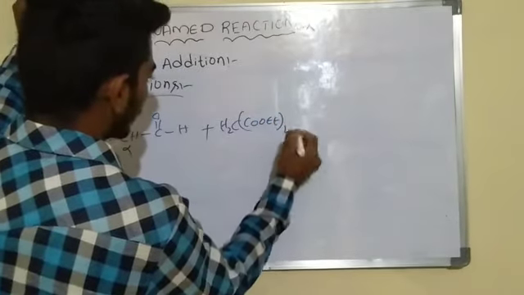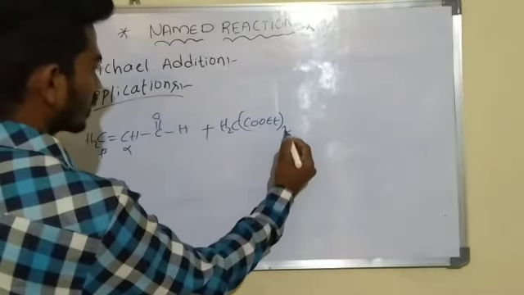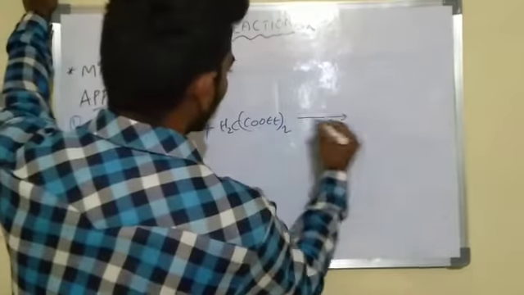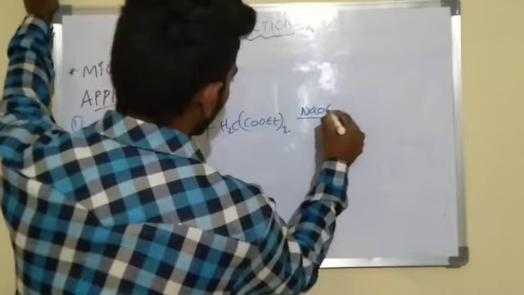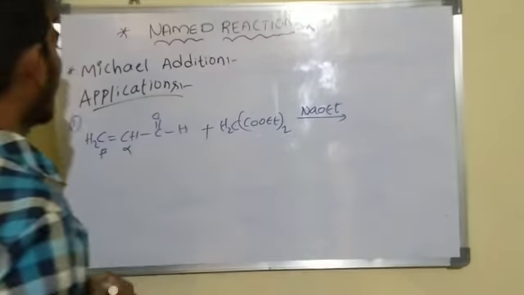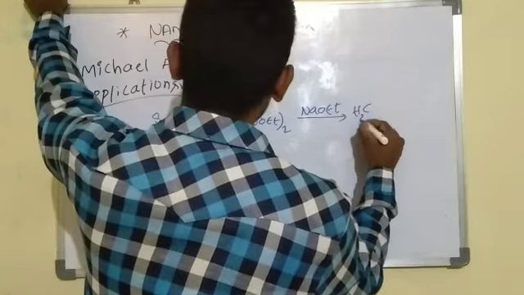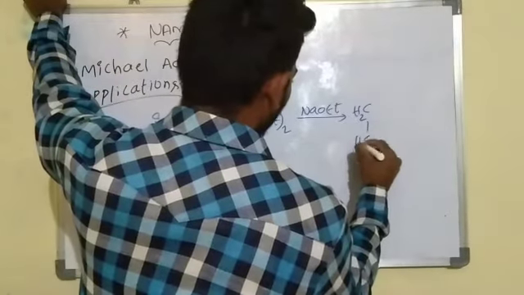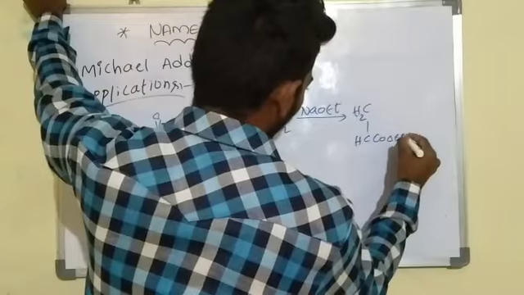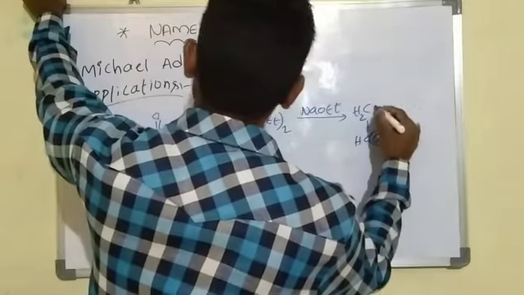This is the active methylene group. This malonic ester is treated with base. It forms an addition product, and this type of addition product is formed.